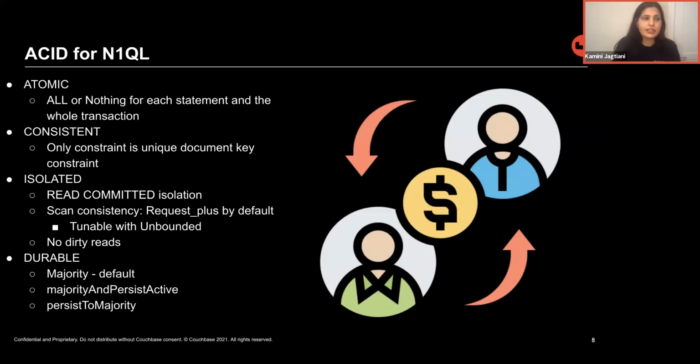So in this case, it would go onto the cache of 2 nodes and onto the disk of 1. Persist to majority, as the name suggests, should go onto the disk of the majority of the nodes. So persist to majority will be the slowest, majority will be the fastest, and our default is majority, and it is easily tunable, and I can show you later how to tune it.